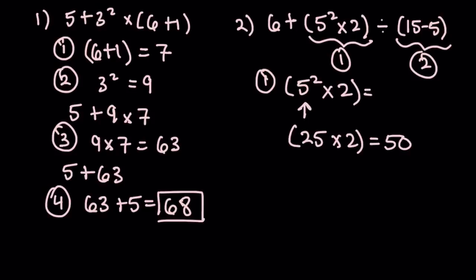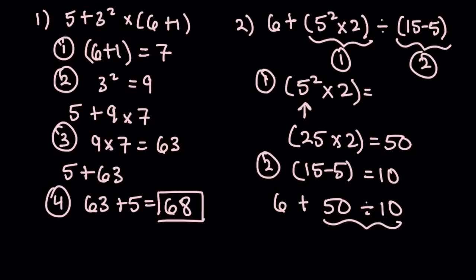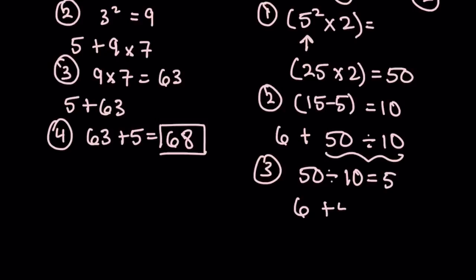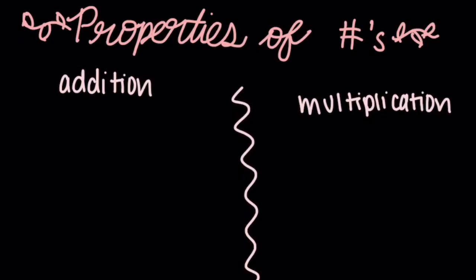For 15 minus 5, you would subtract to get 10. Now we can rewrite our expression as 6 plus 50 divided by 10, where we would now do 50 divided by 10 to get 5. If we rewrite our expression once more, we can write it as 6 plus 5, where we can add to get 11. So let's move on to the properties of numbers.